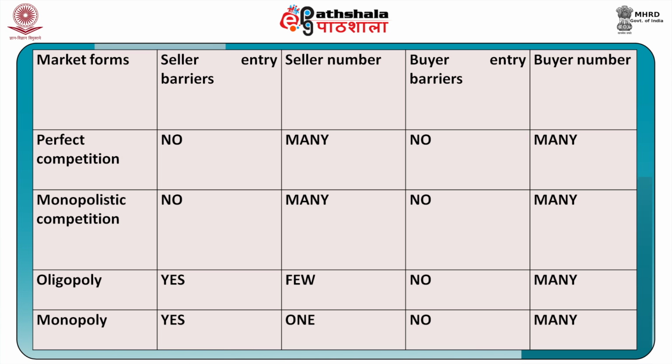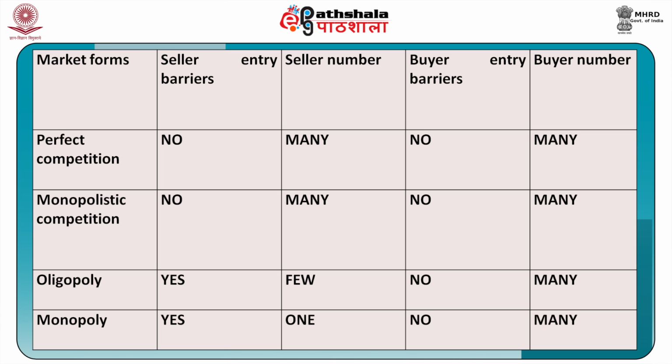The basic features of the market forms can be summed up as follows. In perfect competition there are a large number of buyers and a large number of sellers, and there are no barriers to entry either for the sellers or the buyers. In monopolistic competition the conditions are very similar as far as the number of buyers and sellers are concerned.